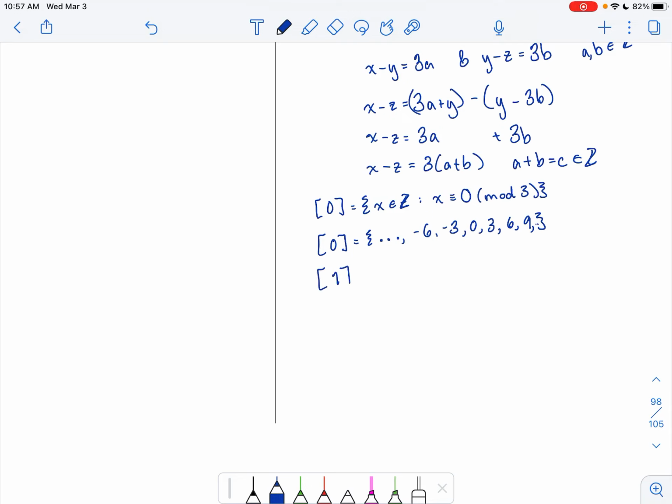The next one, 1, would be all the integers where x is equivalent to 1 in mod 3.